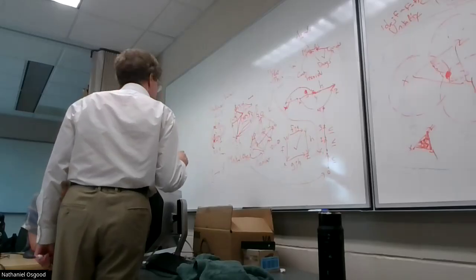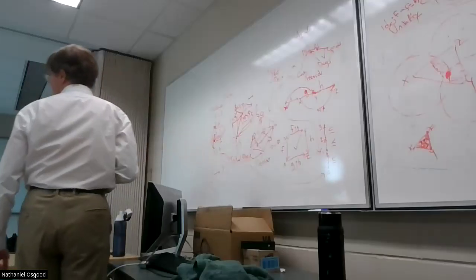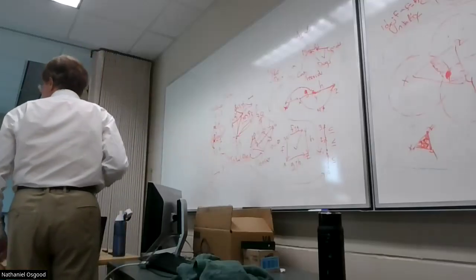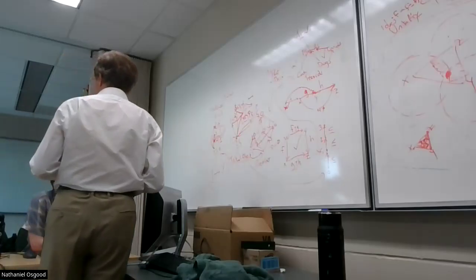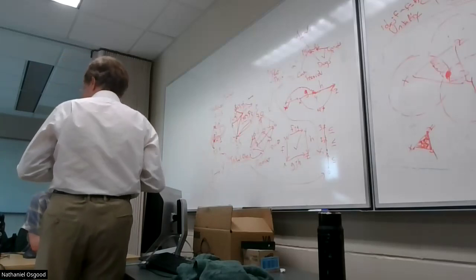Does Set have a terminal object? Yes. Well, FinSet has a terminal object. And Set, does it have a terminal object? Well, it has a set of isomorphic terminal objects of size 1.